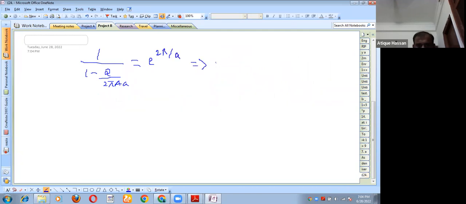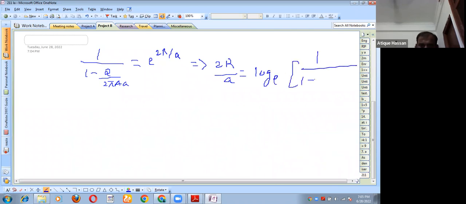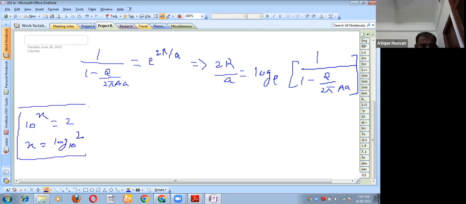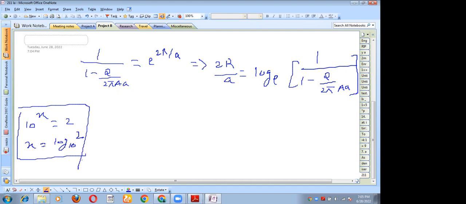When the power is eliminated, it becomes log. So it will be log e of 1 by 1 minus Q by 2 pi a small a. Have you understood this? If we eliminate a power, it becomes log. Like if you have 10 to the power x equal to 2, then x will be equal to log base 10 of 2. Do you know this concept? Yes, sir. So same is the concept here.